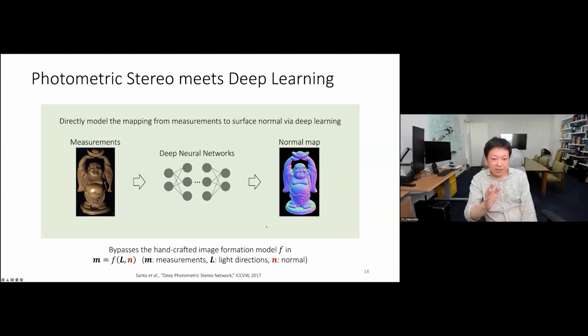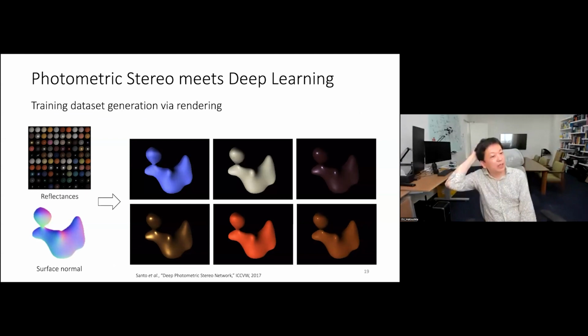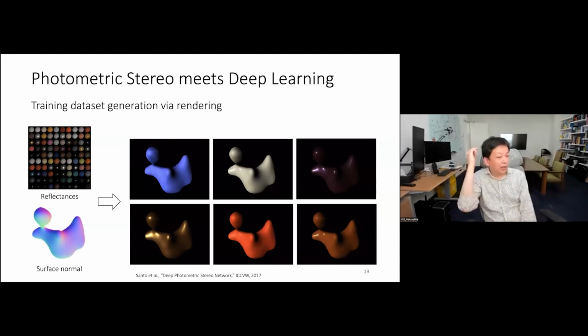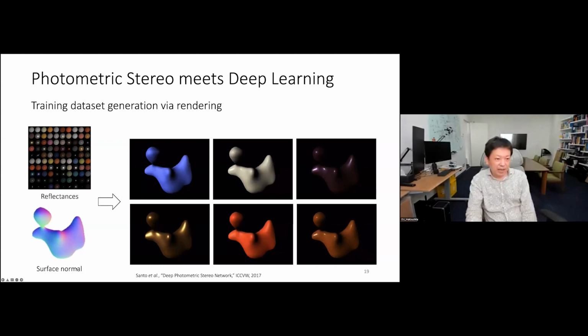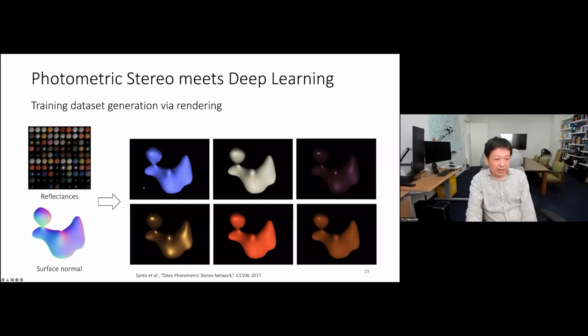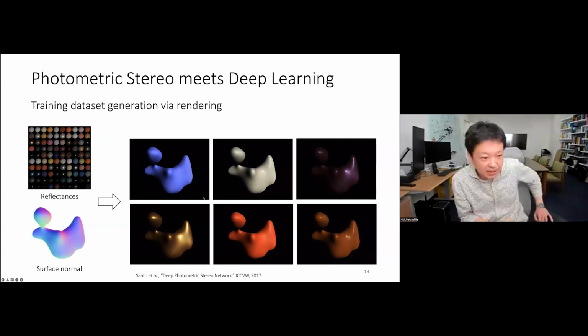This approach naturally bypasses the handcrafted image formation model F, and by using a diverse data set, we can estimate the shape of diverse materials. For that, we can train the network using measured reflectances and computer-generated surface normal maps. Using computer graphics, we render the images and use them as a training data set.